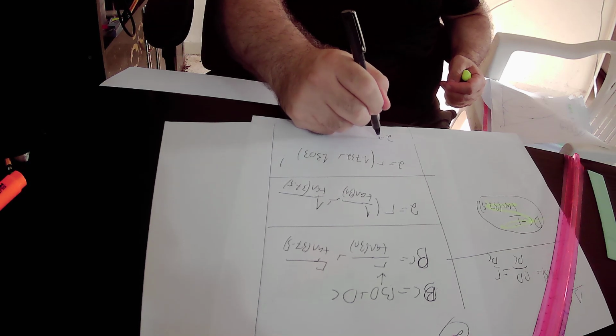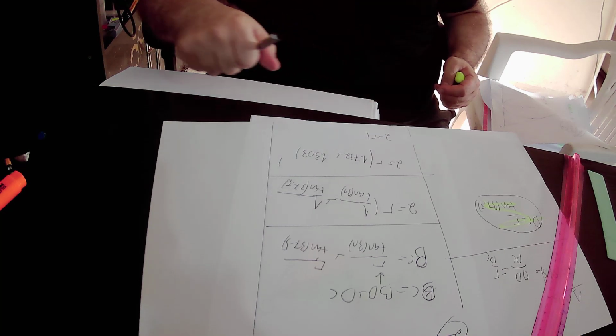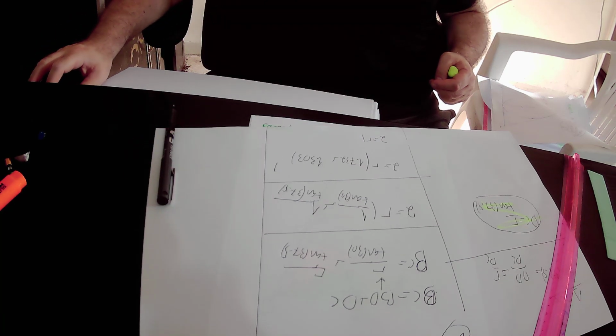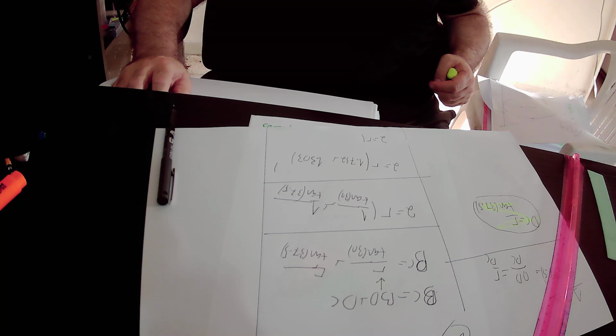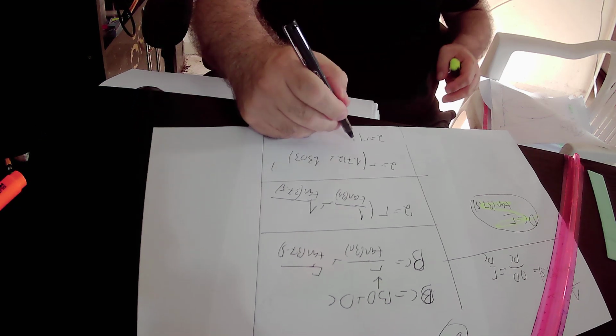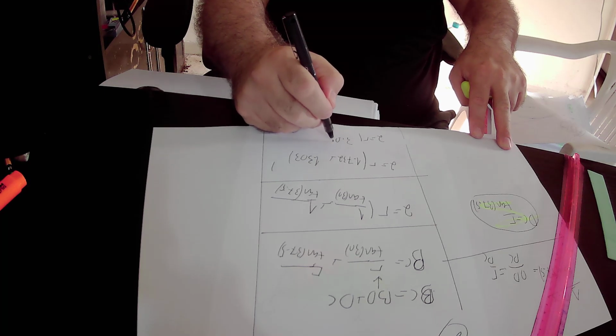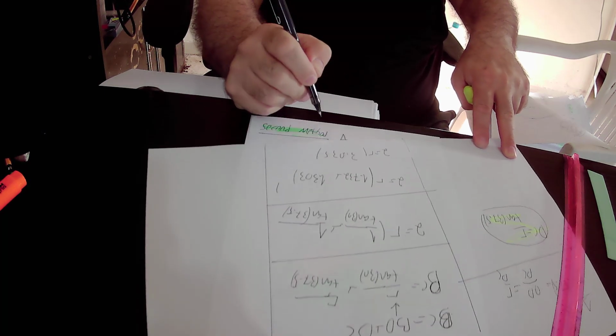So 2 equals R times 1.732 plus 1.303, which equals 3.035.